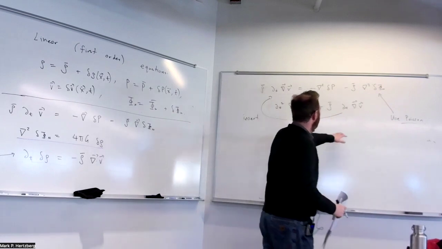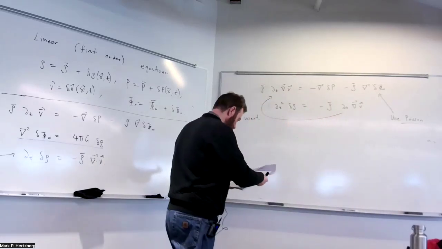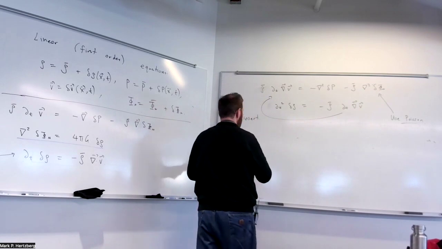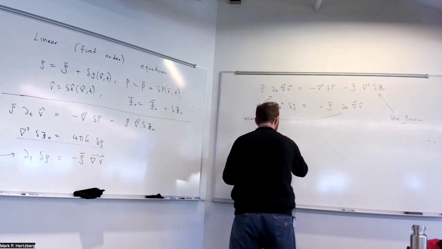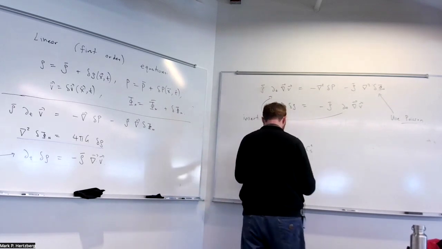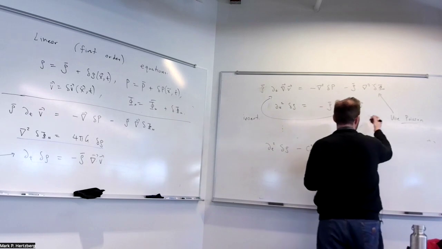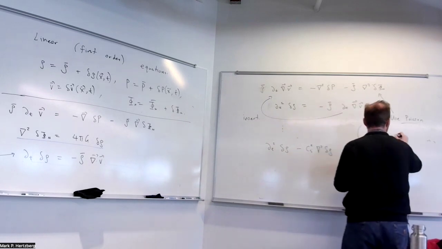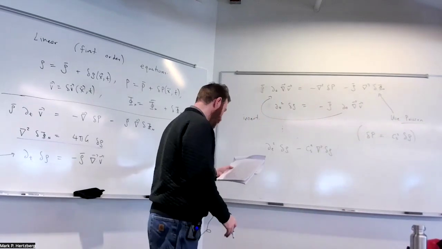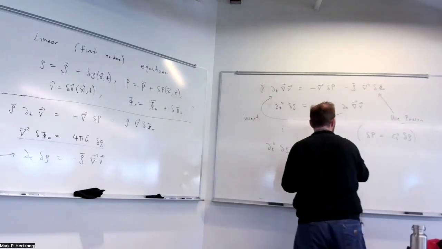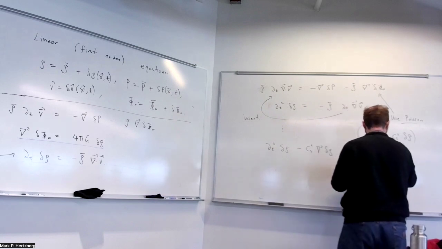Is that all right? So we kill the mixed term here, and we use the Poisson equation to eliminate the Laplacian of delta phi. So we can do those little steps, and then you get d_t squared delta rho, same as before. And again, I'm writing delta p is c_s squared delta rho. And then the only new thing we have is from the Poisson equation here, we get minus 4 pi G rho bar delta rho.